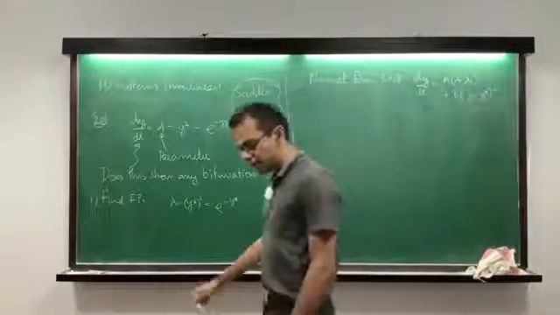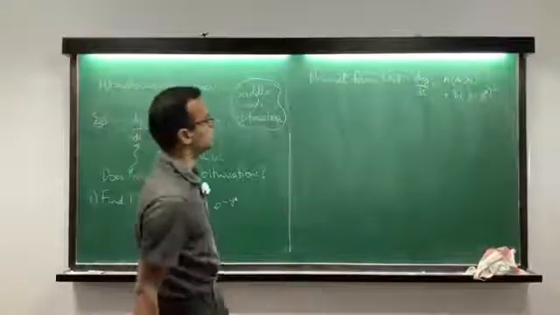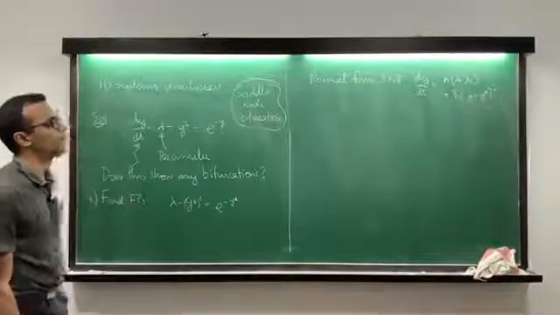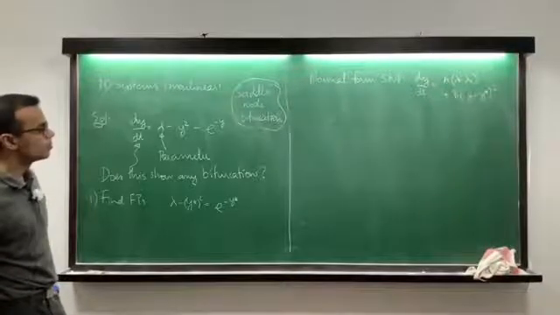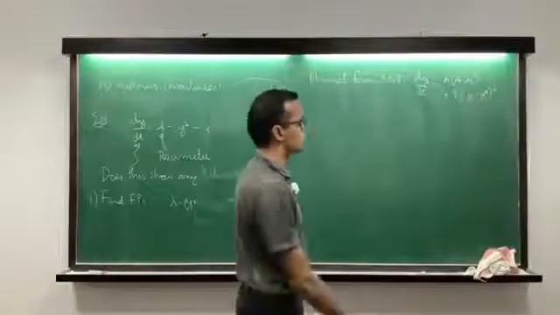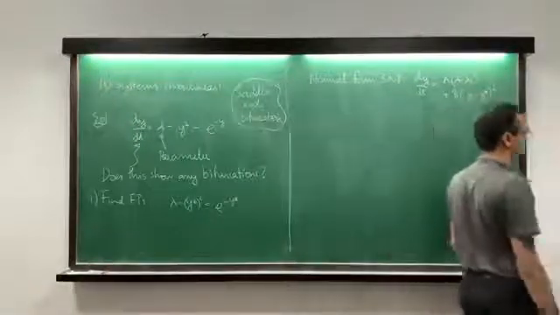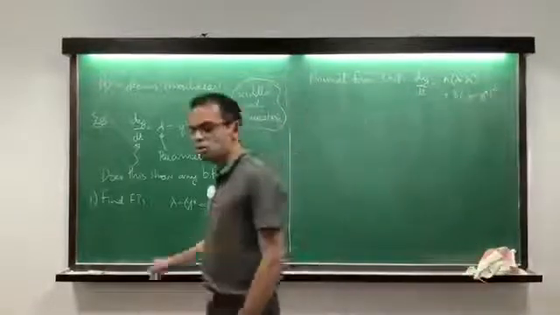I'm just going to put it inside b for now, some constant, right? That's the normal form. Okay, so you go and you can plot this.